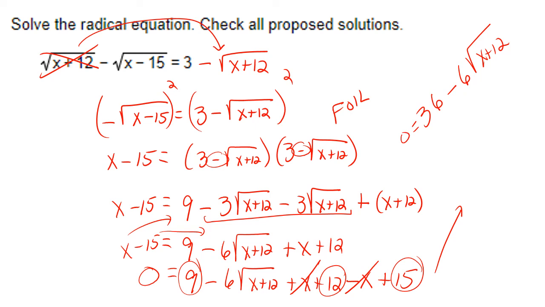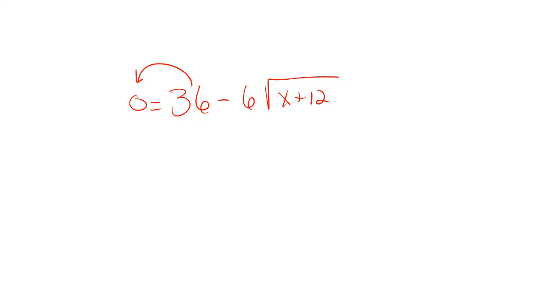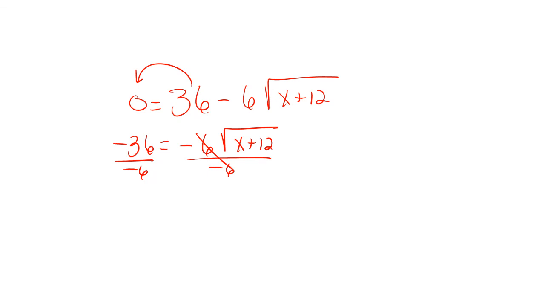Let me go ahead and get a little more paper here. 36 minus 6 radical x plus 12 is equal to 0. All right, we're almost done. I'm going to go ahead and move the 36 back over and use the process of squaring both sides again. If I move that 36 over, and then I could divide by the negative 6 just to make that a little cleaner looking. 36 divided by 6 is 6.